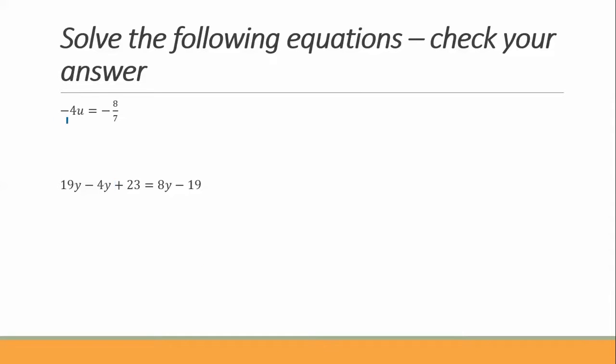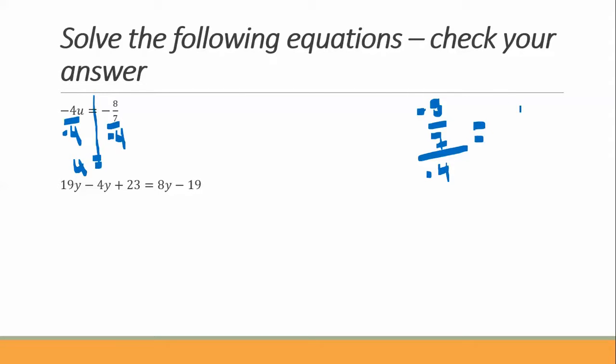If we have negative 4 times u, we need to divide by u. So again, you can still have this, but this is multiplication, not addition and subtraction, so we have to divide both sides by negative 4. So now we have u equals, and over here, let's do this off to the side again. We have negative 8/7 divided by negative 4.